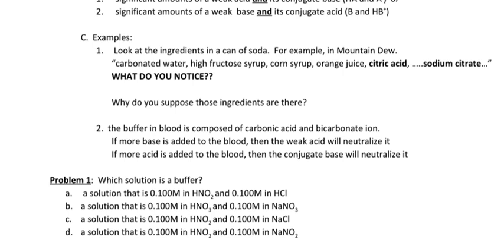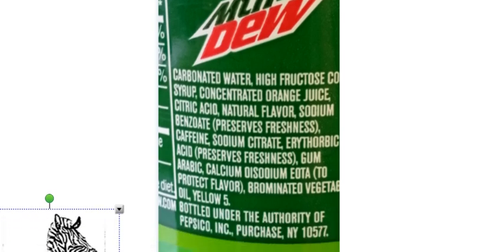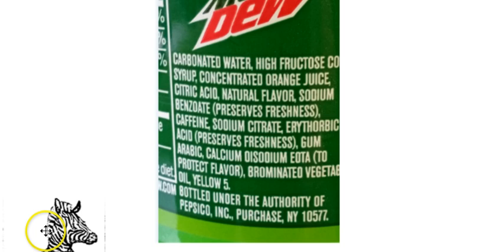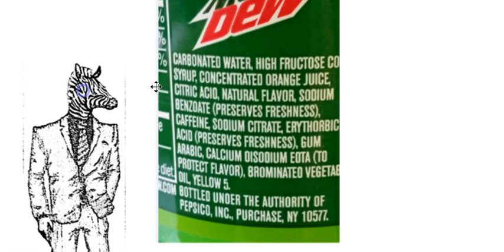And it's a buffer. So here I have a Mountain Dew. I actually had a bottle of Mountain Dew on my desk, so I thought I'll just take a picture of it. So here it is. All right, so you can see over here that my Mountain Dew container has carbonated water, high fructose corn syrup, concentrated orange juice, citric acid, natural flavor, sodium benzoate, caffeine, sodium citrate.